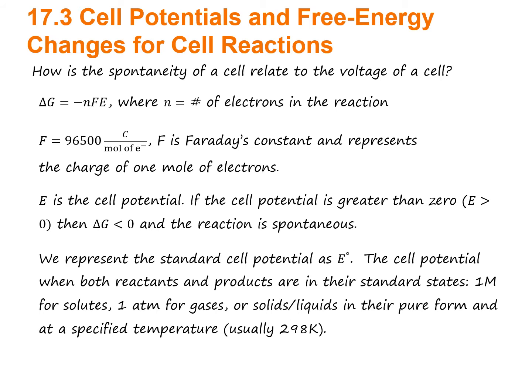If we're saying they're in their standard states, what we are implying is that solutes are at a molarity of 1 molar, and gases are at a partial pressure of 1 atmosphere. Solids and liquids are expected to be in their pure form. And all this should be done at some specified temperature, usually 298 Kelvin, but it could be different for different fields and areas of study.